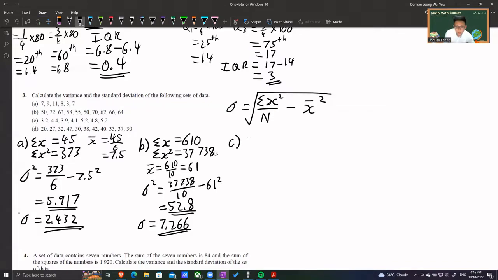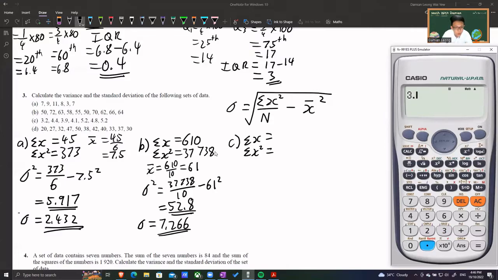For C, again, repeat the same steps. Sum of x: each value plus together. 3.2 plus 4.4 plus 3.9 plus 4.1 plus 5.2 plus 4.8 plus 5.2.